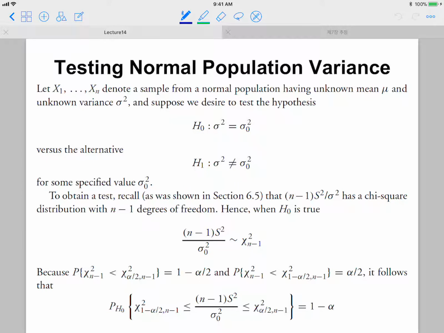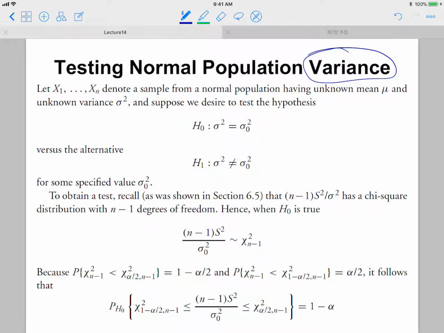Okay, and then the next one is testing about the variance. So far we discussed all the different situations, but commonly we tested about the mean, whether it was a single population or two populations.